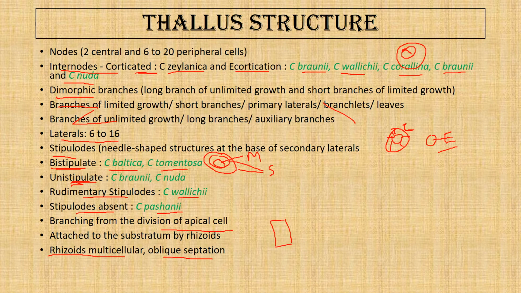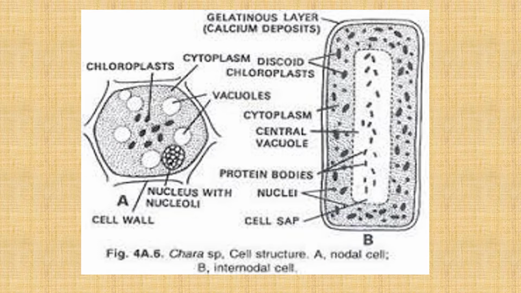This is the normal septation, where the septation is complete, and oblique septation is where the septa formation is not complete.